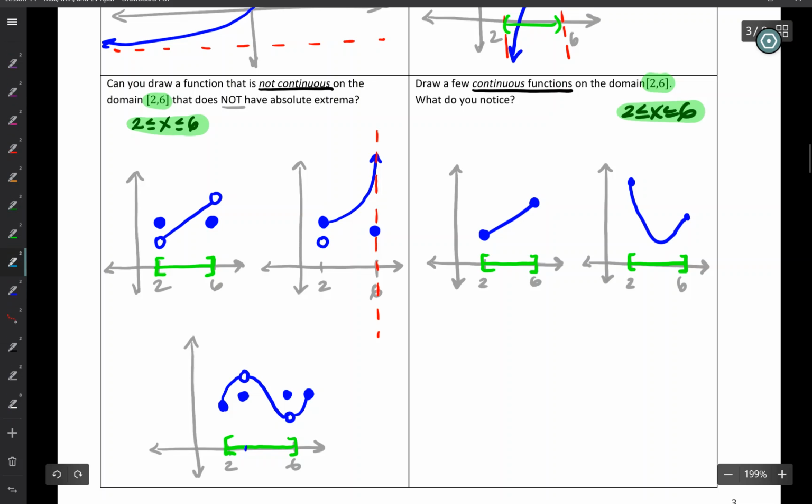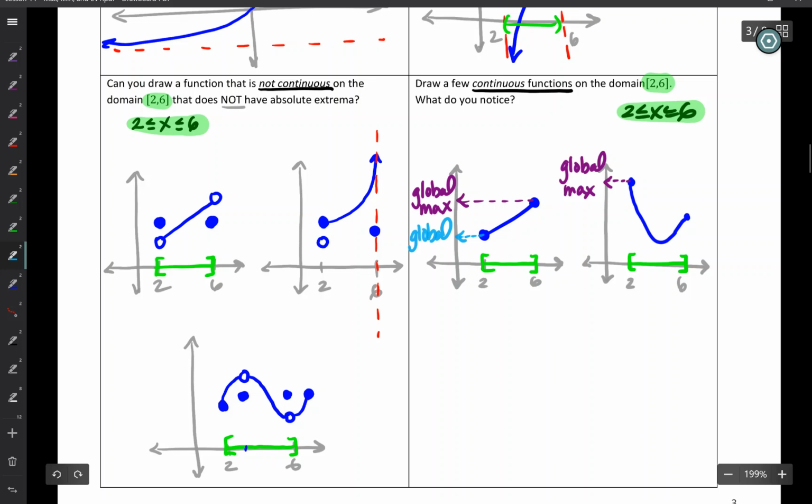You are guaranteed to have a biggest y value, global max, you're also guaranteed to have a smallest y value, global min.